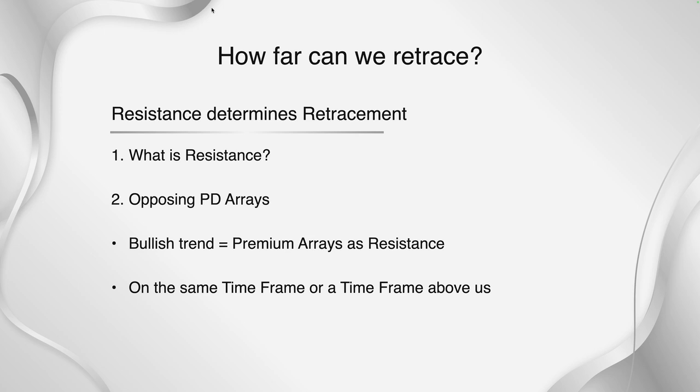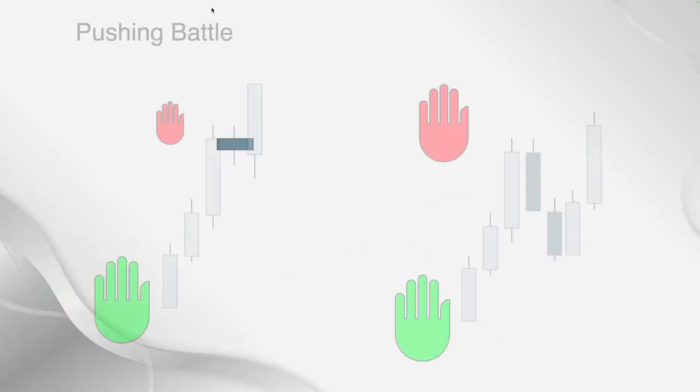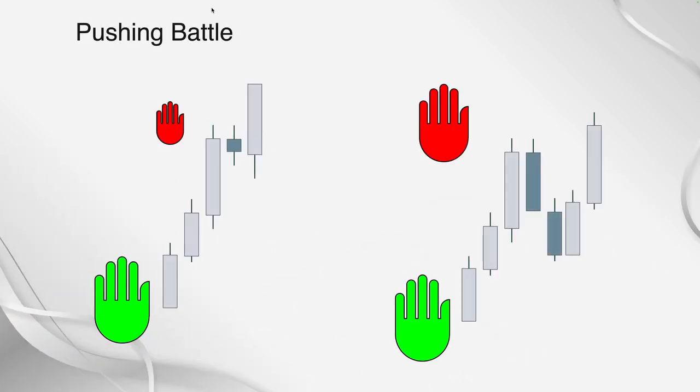Now, with that understanding, we also went over a big topic, which was the pushing battle. The pushing battle was simply said: if we have bullish and bearish price action, different pushing hands, that leads to an overall determination of how far we can actually retrace. What do I mean by that?